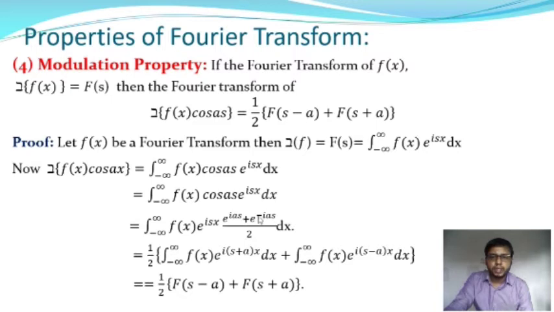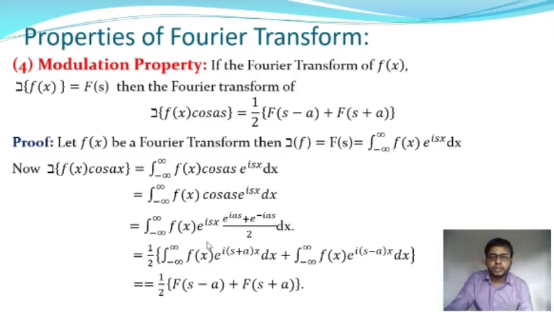So after multiplying by e to the power i s x on that section, from this we will get e to the power i into s plus a into x, plus e to the power minus i into s minus a into x, dx. Okay.